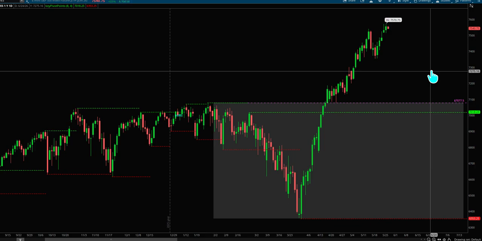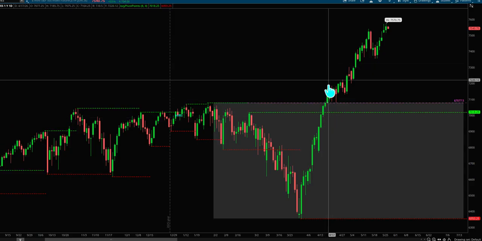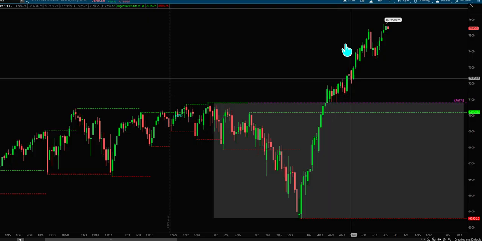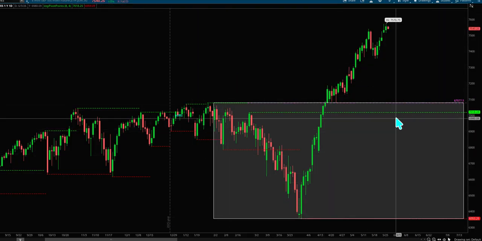Number two is that about a month and a half ago, the market triggered out of this range, putting the daily time frame in full breakout mode. Excuse me, I'm recovering from a sore throat. So those are two extremely important things to know.